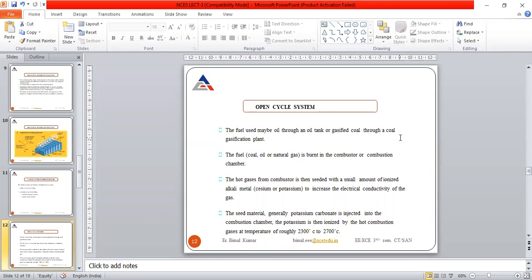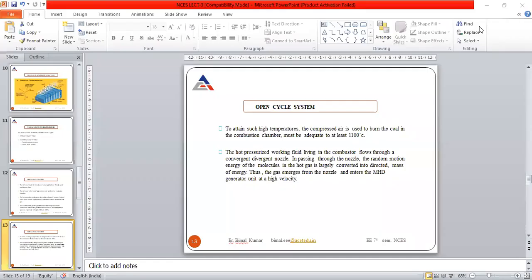The seeded material, generally potassium carbonate, is injected into the gases at a temperature of roughly 2300 degrees C to 2700 degrees C. So instead of an ordinary conductor, we are just passing the seeded material in between the magnetic field.